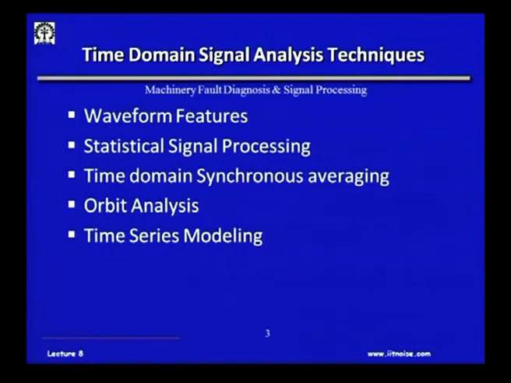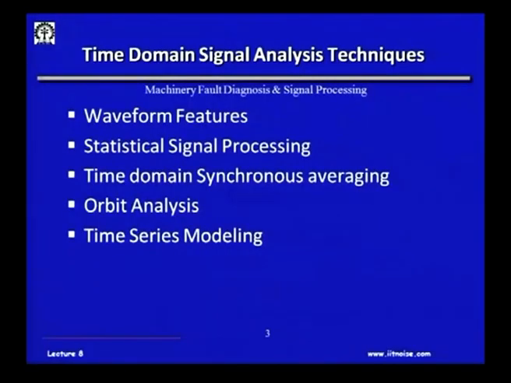I can do certain time domain orbit analysis. I will be explaining some of them today in this class, and subsequently you may just make a note of it, that in the subsequent classes we will be coming back to some of these points and see what we mean by time series modeling, orbit analysis, etc., and then see how they can be integrated.